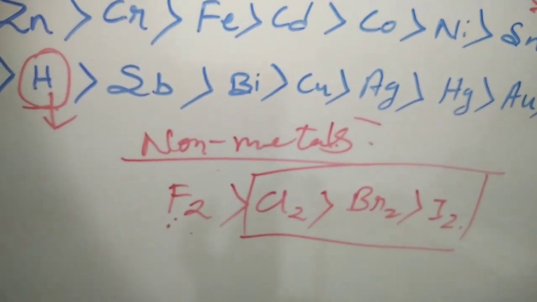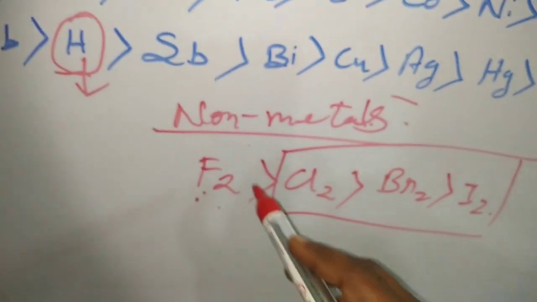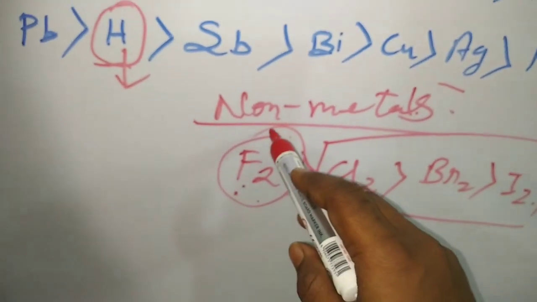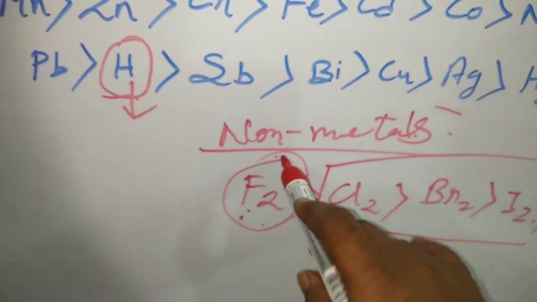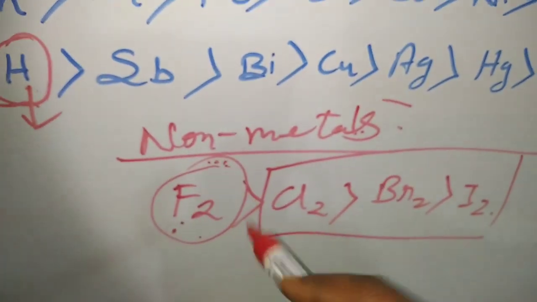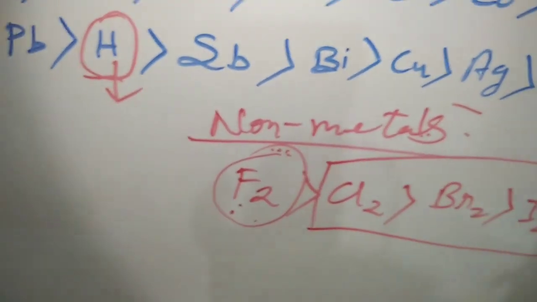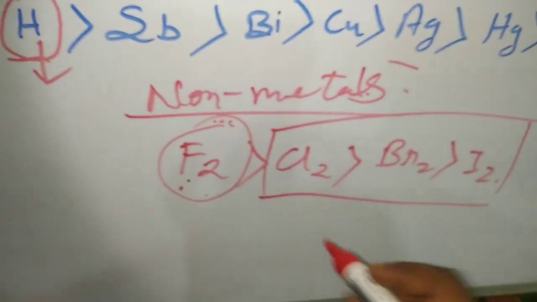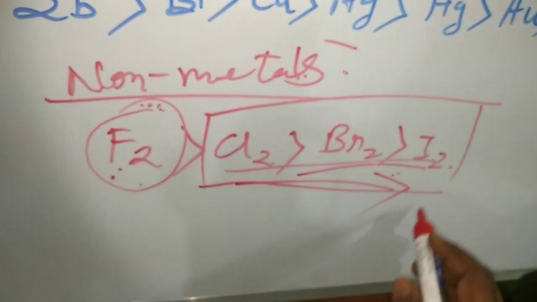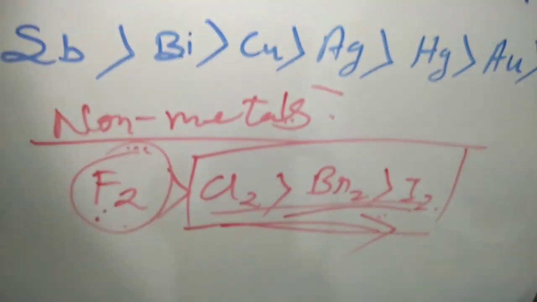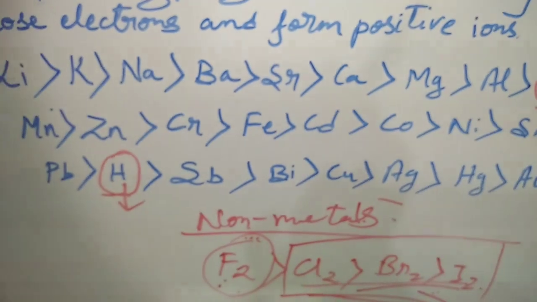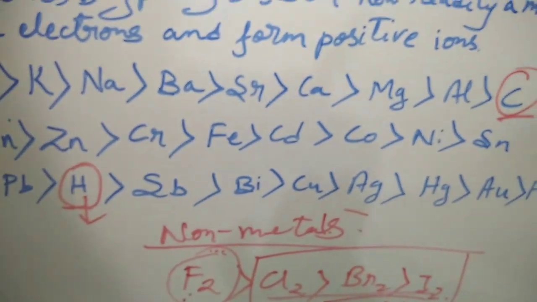So in the lab we don't use fluorine to test something, because accidents may happen. So we take only these 3 elements. See, reactivity is decreasing towards the right side. The same is the case for metals also. Okay students, now let's move on with some examples.